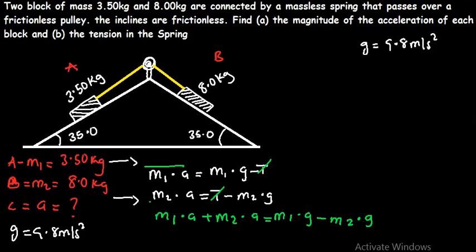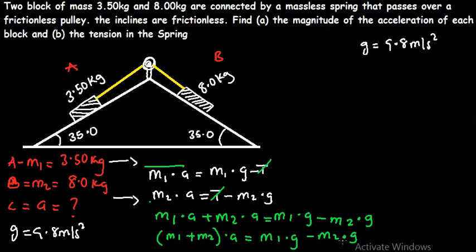Since we have the common acceleration on the left hand side, it's going to be M1 plus M2 multiplied by one acceleration. At the right hand side, we repeat the same thing. It's going to be M1, and since we don't have acceleration there, it's M1 multiplied by the gravity. We are going to subtract M2 multiplied also by gravity.